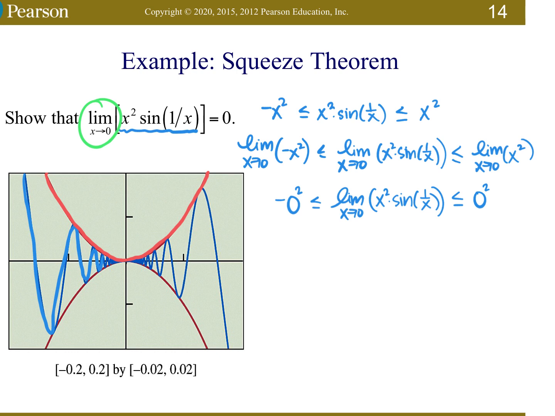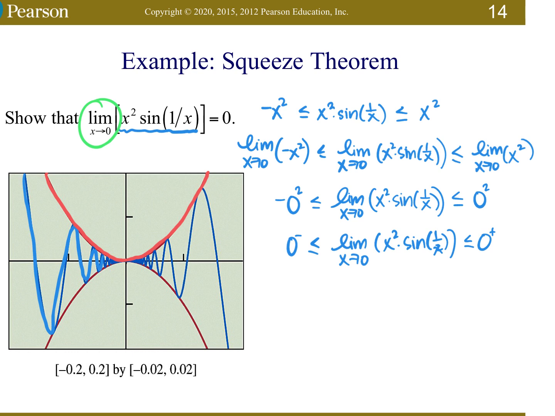So 0 squared is still 0, but the negative side of it means we're on 0 minus. And on the other side, 0 squared is 0, of course, but we're on the positive side, so 0 plus.